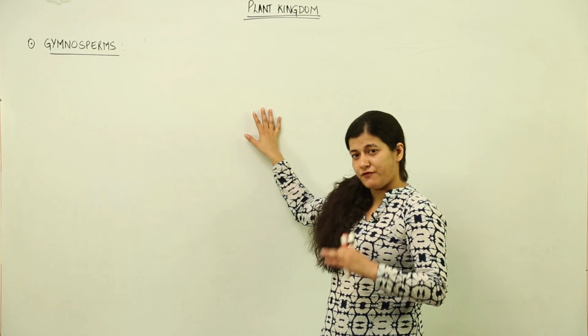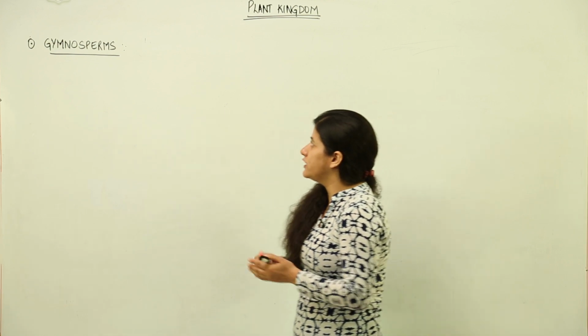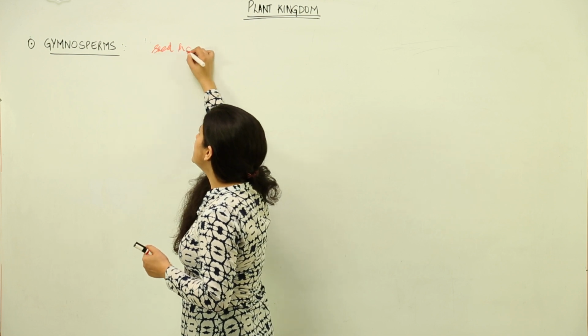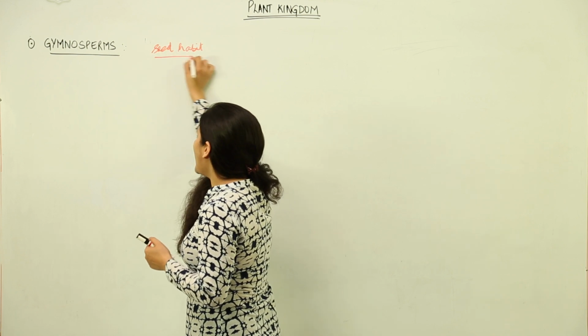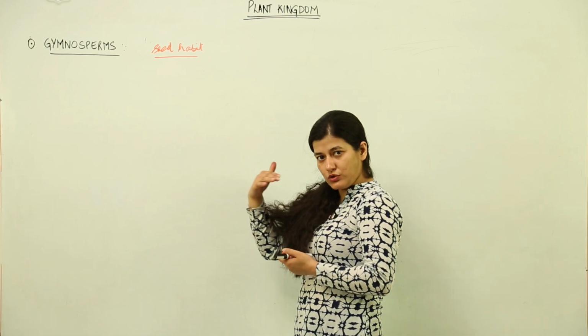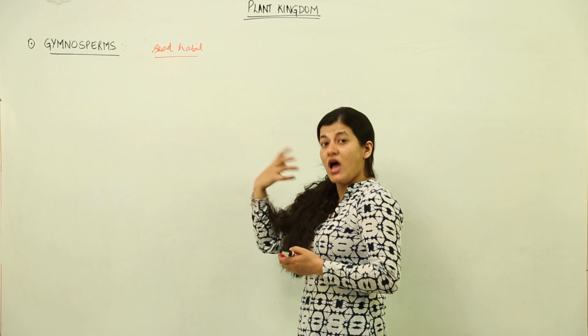Now this is the first one, and the first peculiar characteristic is that we are going to observe the seed habit over here. And as we are advancing in the classification, we are moving towards the plants which are highly advanced.